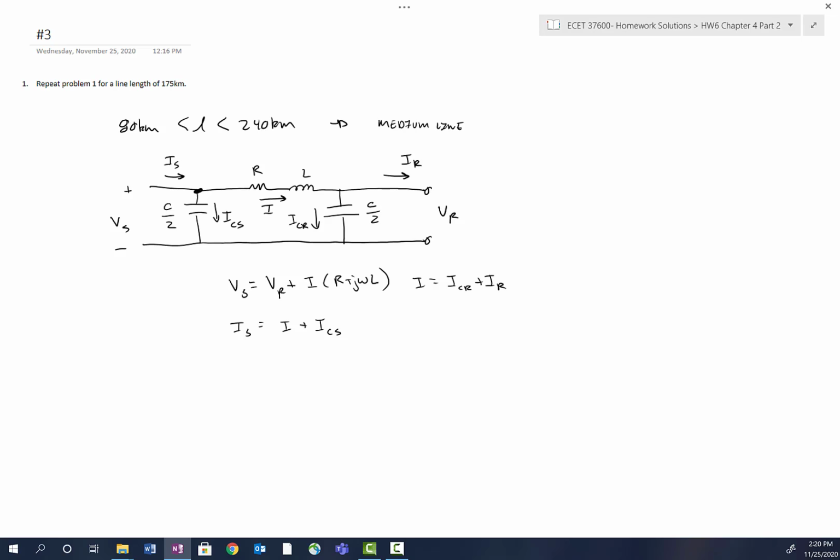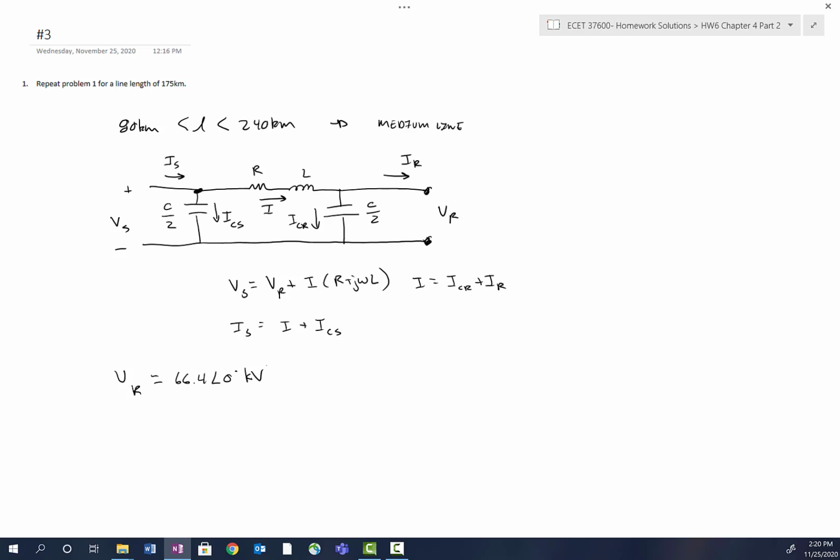So what we need to do to solve this problem is figure out the receiving end voltage from the problem statement. We calculated that in problem number 1. It's not going to change because the load didn't change here, so it's still going to be 66.4 angle 0 degrees kV.